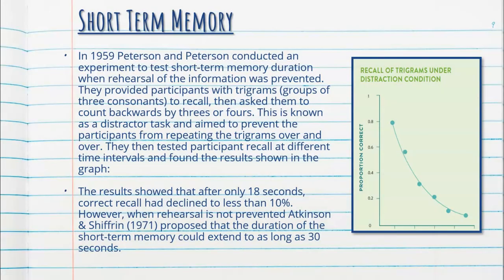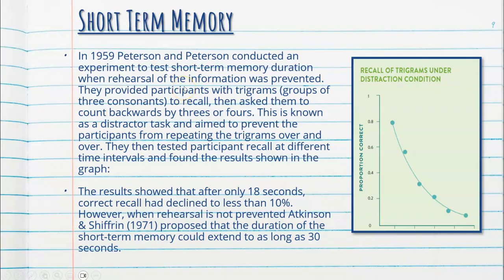In 1959, Peterson conducted an experiment to test short-term memory duration when rehearsal of the information was prevented. They gave participants trigrams, as you can see here, to recall, then asked them to count backwards by 3s or 4s. This is known as a distractor task and aimed to prevent the participants from repeating the trigrams over and over again.